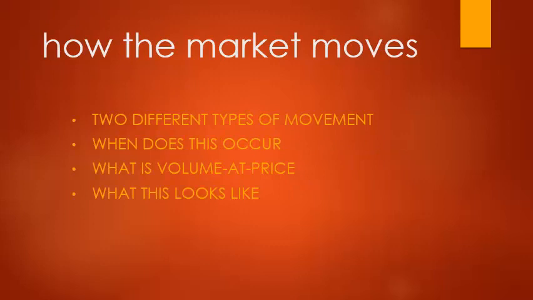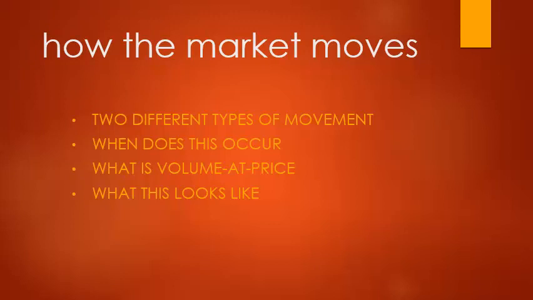So how the market moves. There are 2 different types of movements that the market makes. The first one is a directional move, and the direction can be up, the direction can be down, but when the market is moving persistently in one direction, that's classified as a directional move. The second type of movement is a rotational move, and that's also called a consolidation. It's when the market is moving sideways.